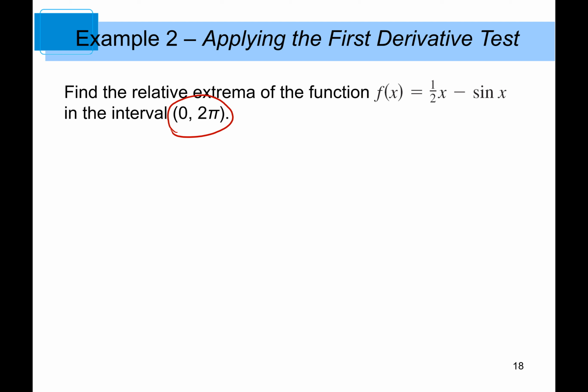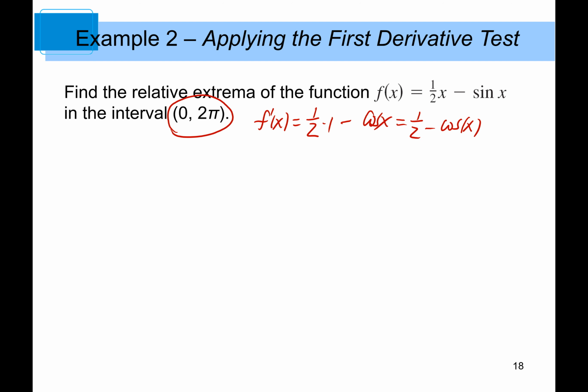Now to do that, we need to find the derivative of the original function. So using the power rule here, half of x becomes half times 1, and derivative of sine x becomes cosine x. So the derivative becomes half minus cosine x.